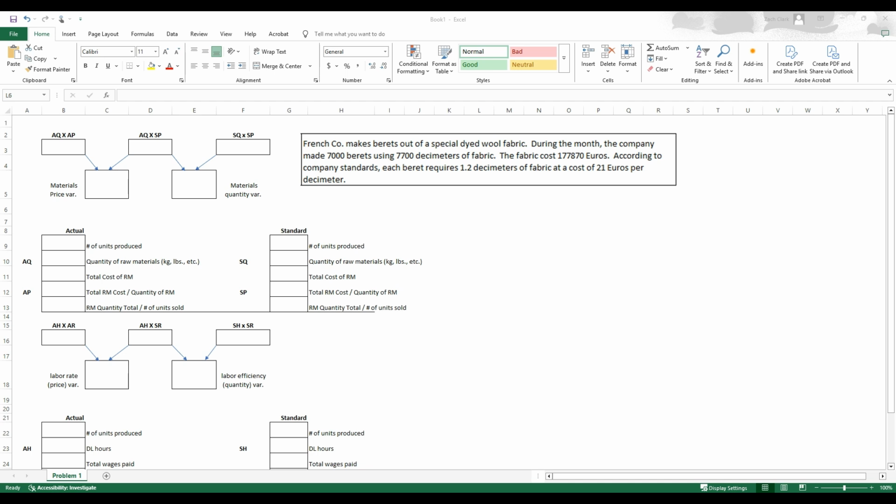Okay, so let's take a look here. In this problem, like we were just mentioning, we're talking about creating berets out of special dyed wool fabric, and we've got a breakdown of how many units, basically, how many berets.